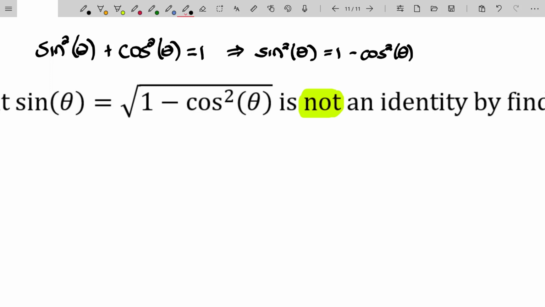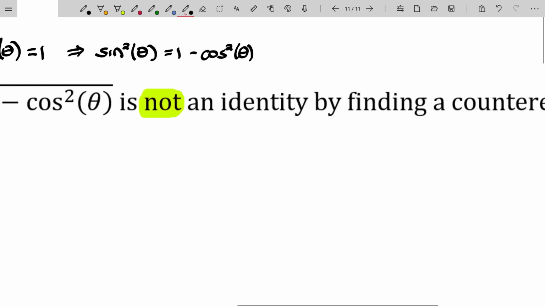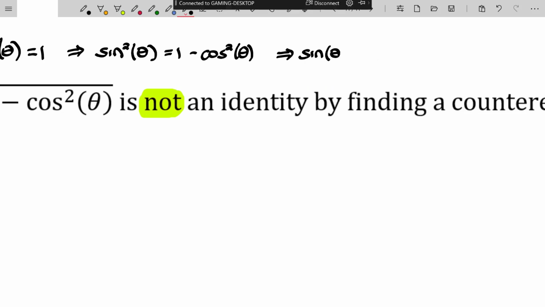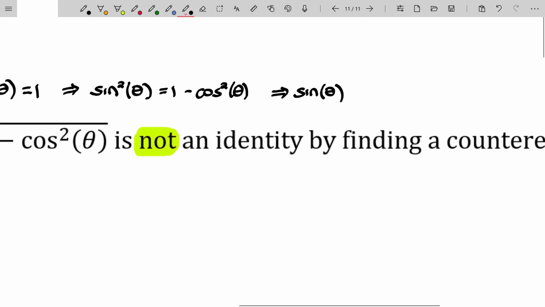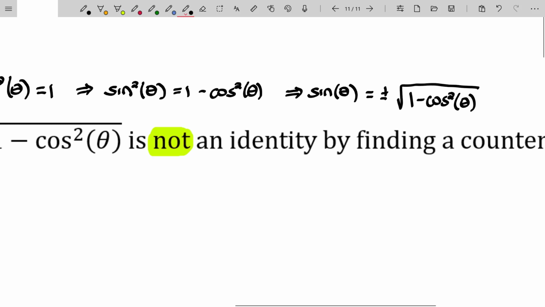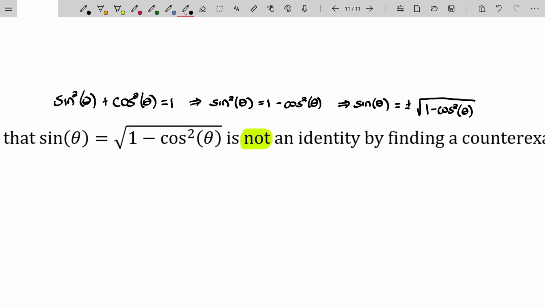And if I were to take the square root of both sides, I would get that the sine of theta is equal to not just the square root of that right-hand side, but plus or minus the square root of 1 minus cosine squared. So this statement, while I haven't proven yet it's not an identity, I'm just showcasing it's definitely not true, because the sine of theta is going to be either plus or minus that.